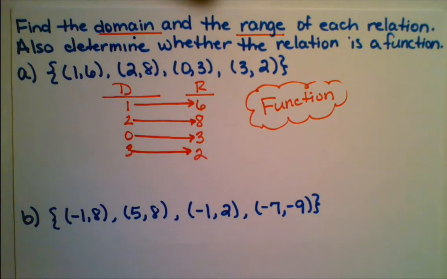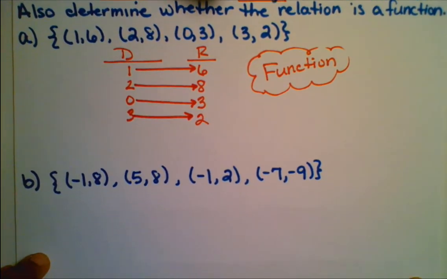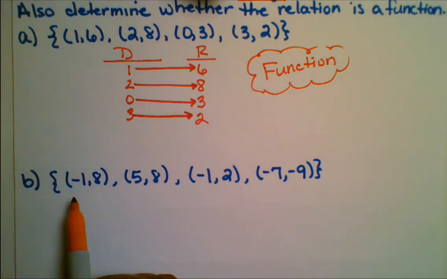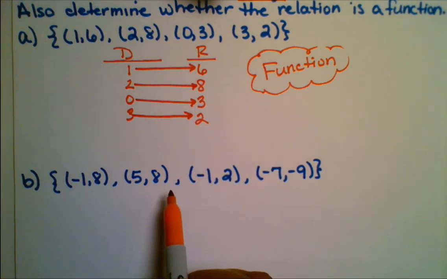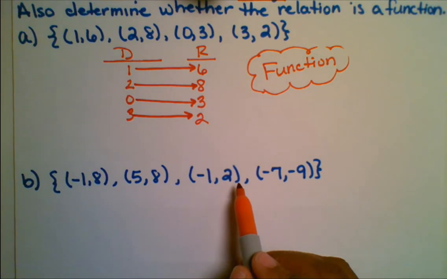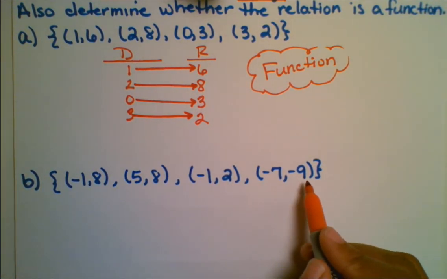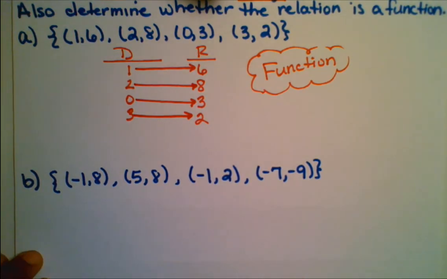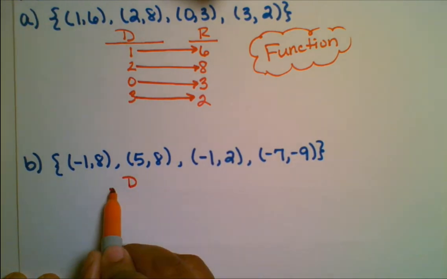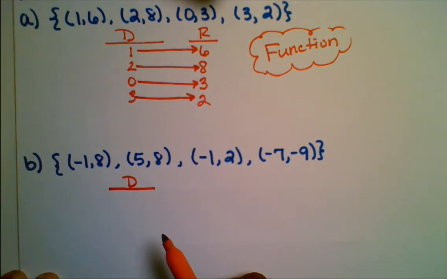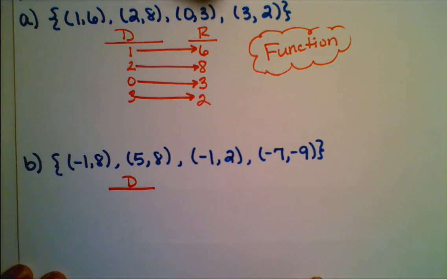Now let's look at example B. We have a relation: (-1, 8), (5, 8), (-1, 2), (-7, -9). So let's find the domain. And whenever you have a coordinate that repeats, you only need to write it one time.